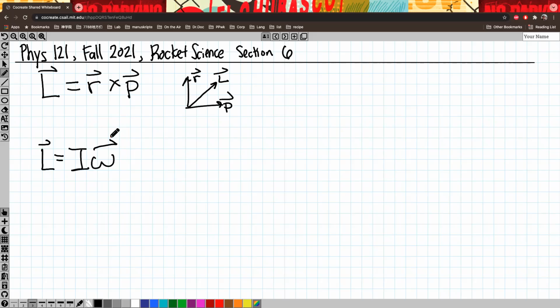All right. Okay, now the next question it asks: what is the direction of delta L in the limit that the rotation angle approaches 0? So do you know how to do that?